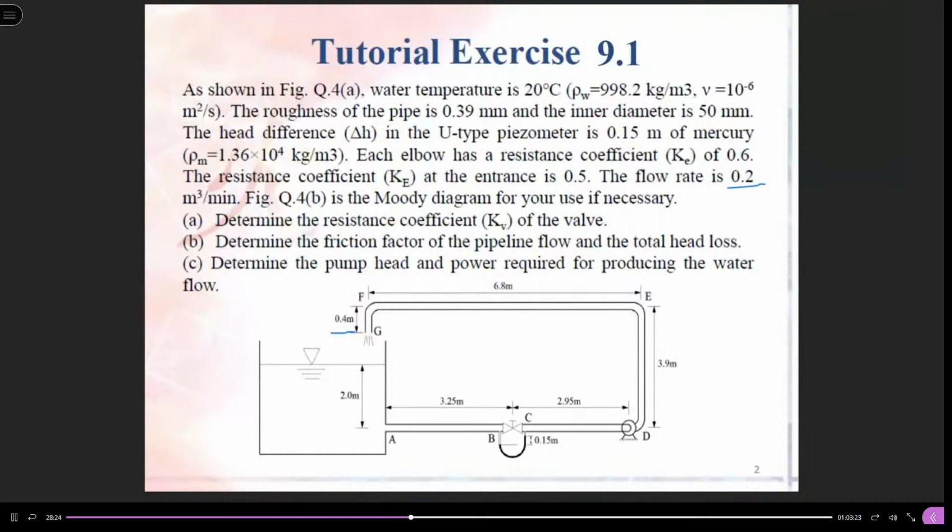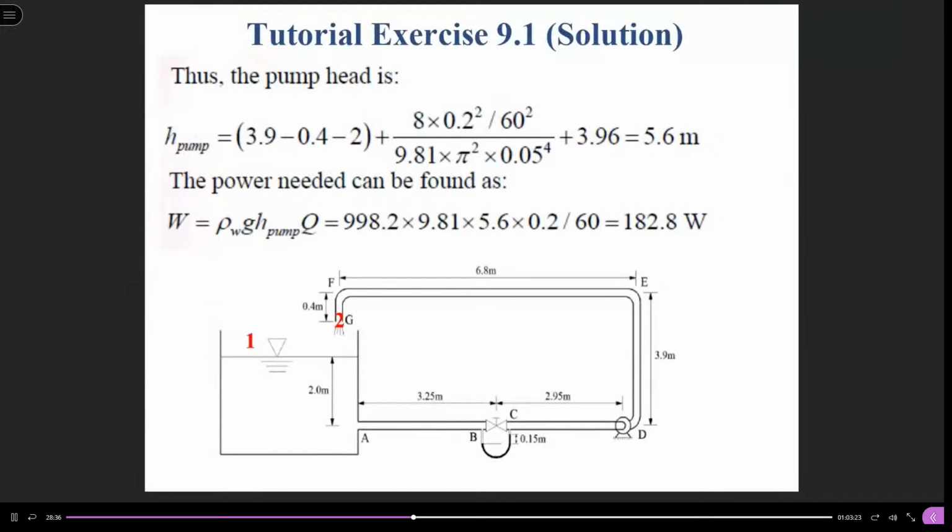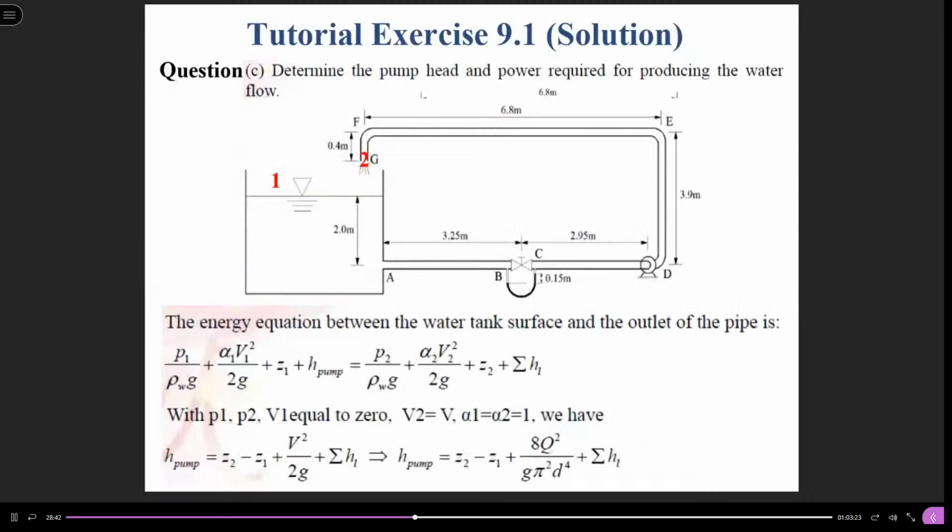This one, here, right? So substitute the known information into this equation.